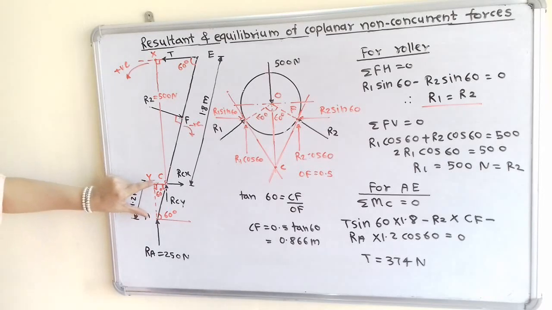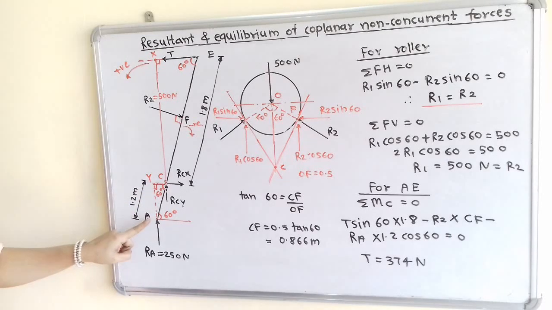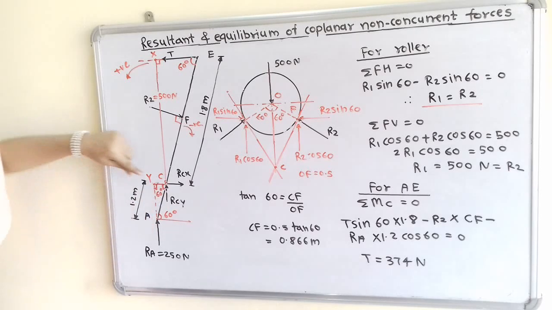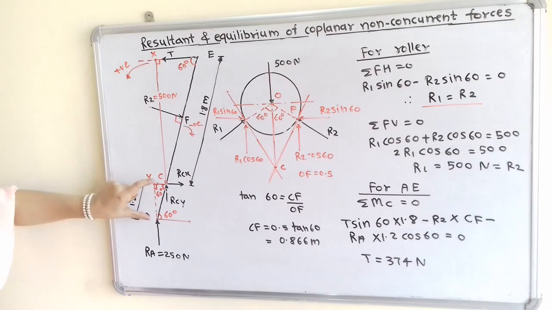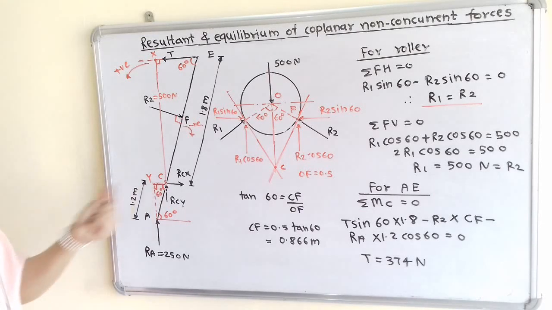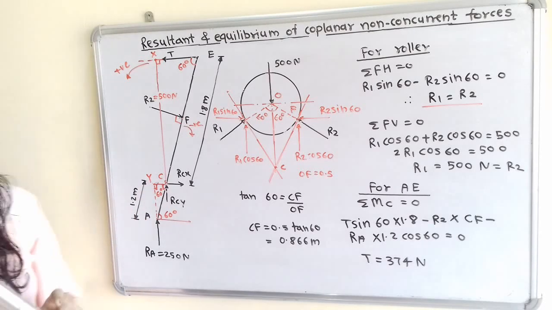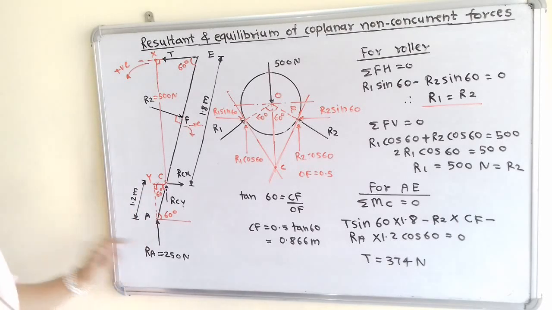Now if we observe, this AC is known. In the triangle AYC, this is a perpendicular triangle and here the angle is known, 60 degree, and we have to find out the nearby side. So we can say that YC is equal to AC cos of 60, and AC is known, 1.2 meter. So this is equal to 1.2 into cos of 60 multiplied by RA.